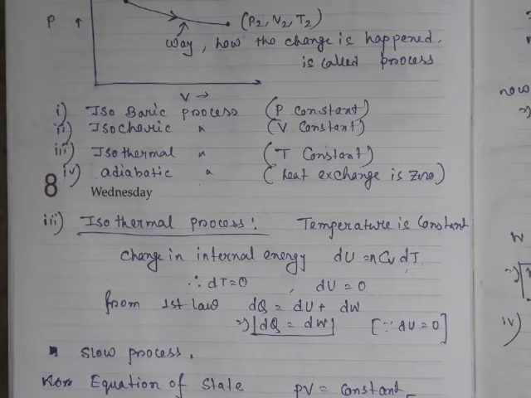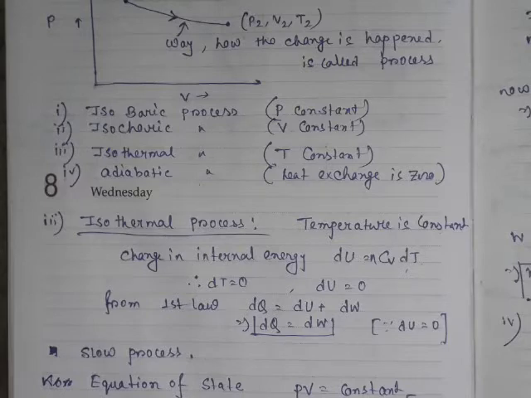When the system does some amount of work, it expends some amount of energy, so to keep its internal energy or its temperature constant, the system must get some amount of energy in terms of heat.